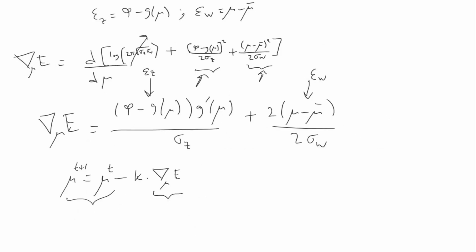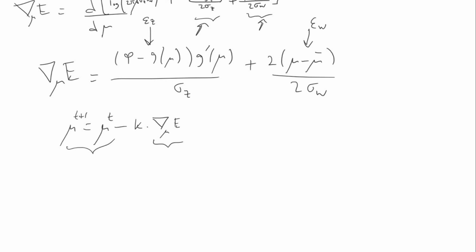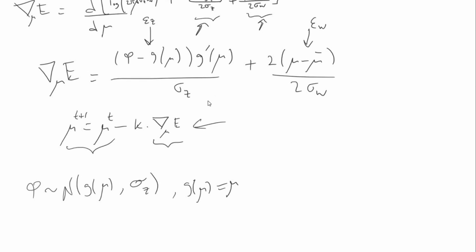So just in the spirit of completing this example here, we're going to make some assumptions on g of mu. Remember that phi was distributed as a normal distribution with a mean of g of mu and a variance of sigma z. And now we're going to assume that g of mu is just mu, just to work out an expression for this gradient descent formalism.